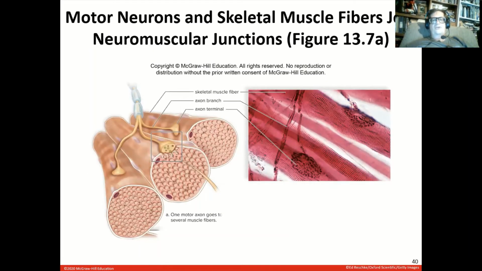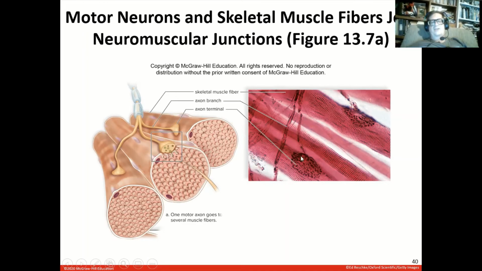All right, so neuromuscular junctions. Here we have muscle fiber, okay? And you can see the axon is branched, and we have signal coming to this fiber, and signal going to that fiber, and signal going to a fiber down there.